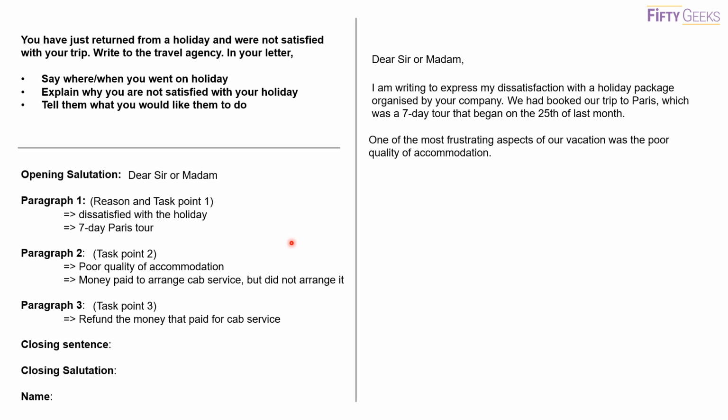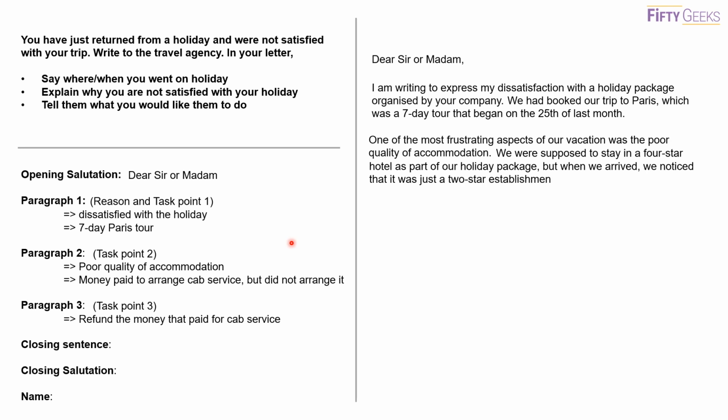I will continue to write: we were supposed to stay in a 4-star hotel as part of our holiday package, but when we arrived, we noticed that it was just a 2-star establishment.